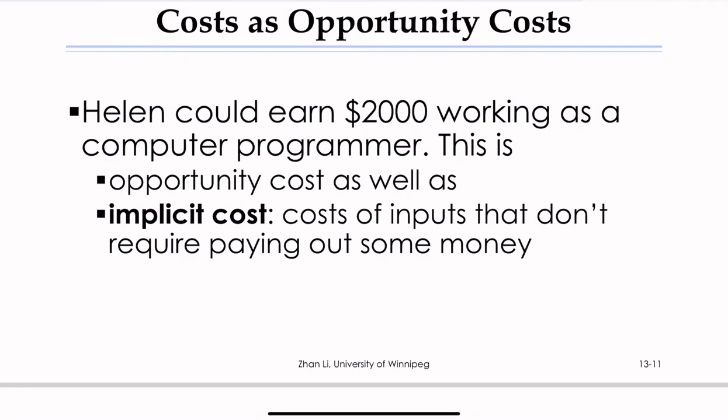So she has to forego this $2,000, right? This is clearly an opportunity cost. But this is also an implicit cost, right? Because in this case, Helen is not actually paying out money, right? She's not paying out this $2,000. So it's implicit.